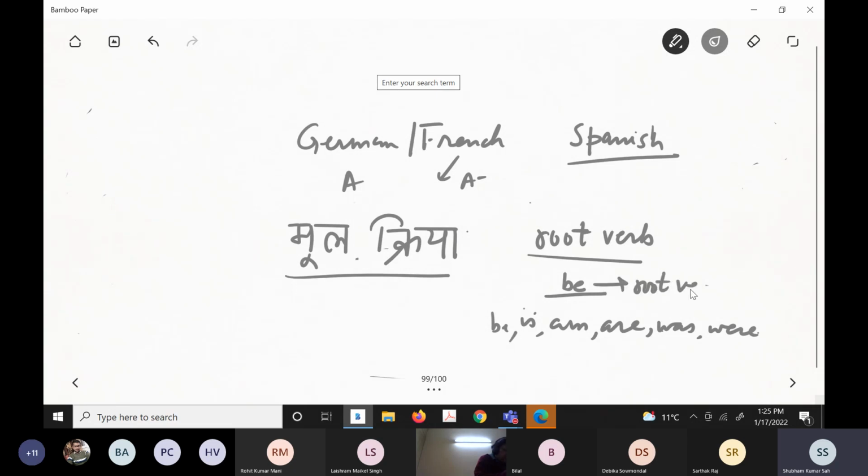Similarly, you have these two forms: has, have, then had, the past tense. But the root form is actually have. Root verb.